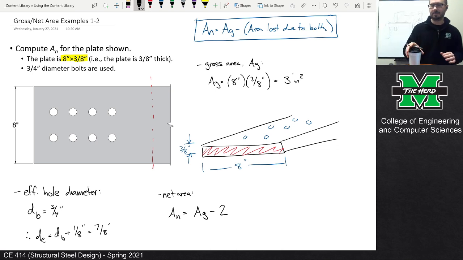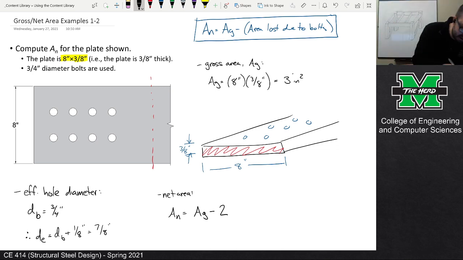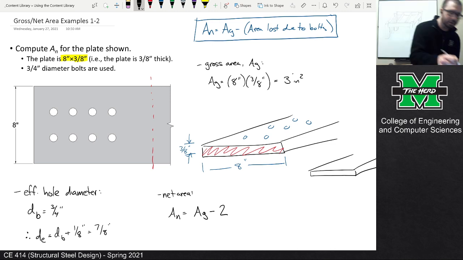And here's why. When you're talking about cross sections, okay? So here's the plate, right? When you look at the bolt holes and you're cutting through that section, that's what you see. You see that, as Mr. Enoch said. What we're doing is we're subtracting that.